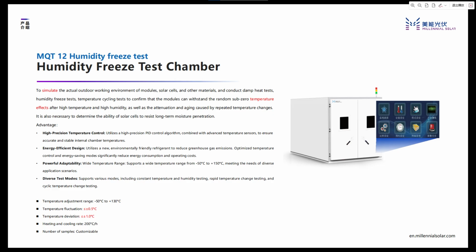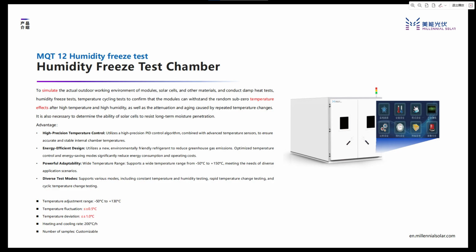This chamber is a 3-in-1 chamber. The purpose of this test is to confirm that the modules can withstand random temperature changes in real time, such as high temperature and high humidity, as well as the alternation and aging caused by repeated temperature changes.